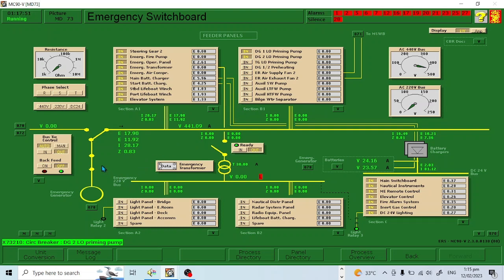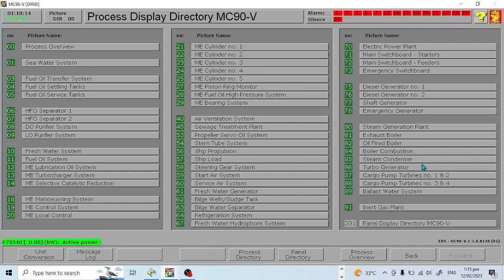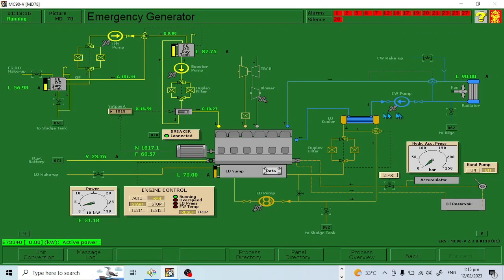So that is the good thing about the simulator. If used properly, there's a lot of learning. For example, if you are the duty engineer, or you want to enhance yourself, understanding these basic principles, when you go around your emergency generator you're not just going to do the normal thing.